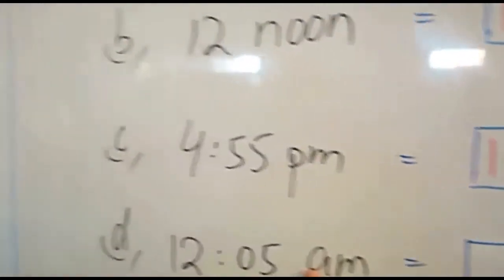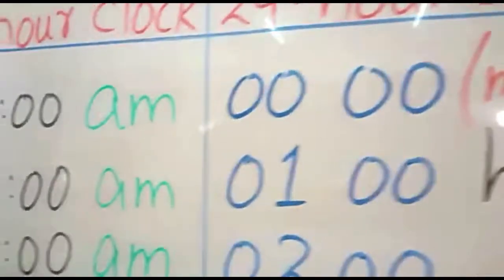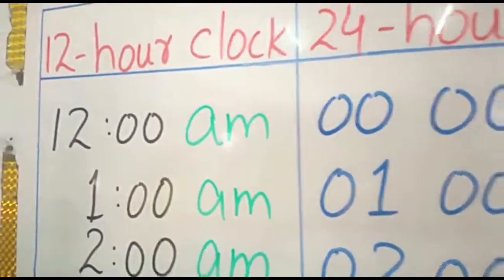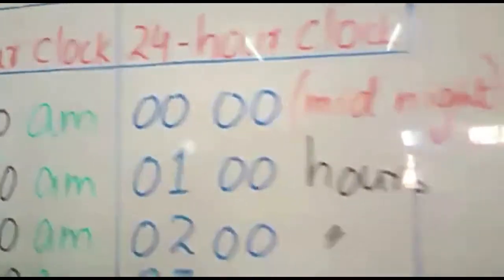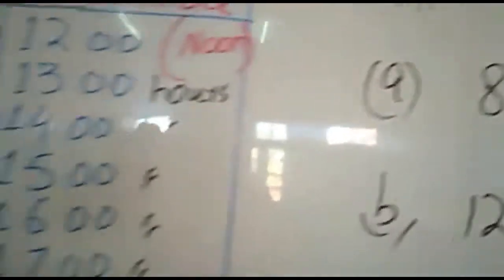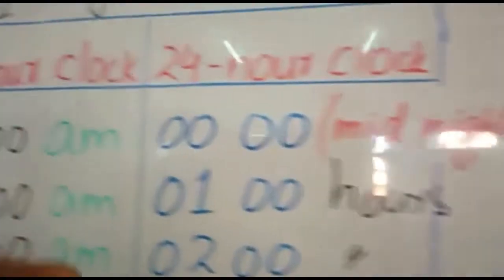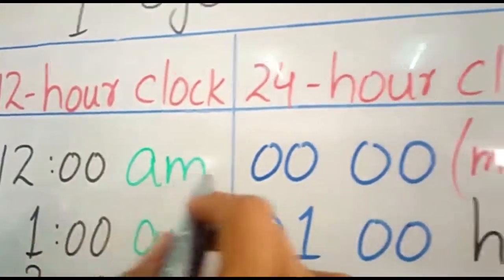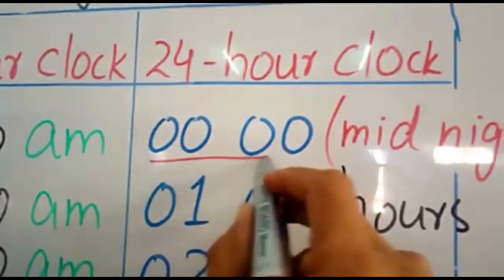Now 12:05 a.m. Again we will go to 12 a.m., and you will see 12 a.m. is equal to 24 hours. I want to show you again: 12 a.m. is equal to 24 hours, midnight.